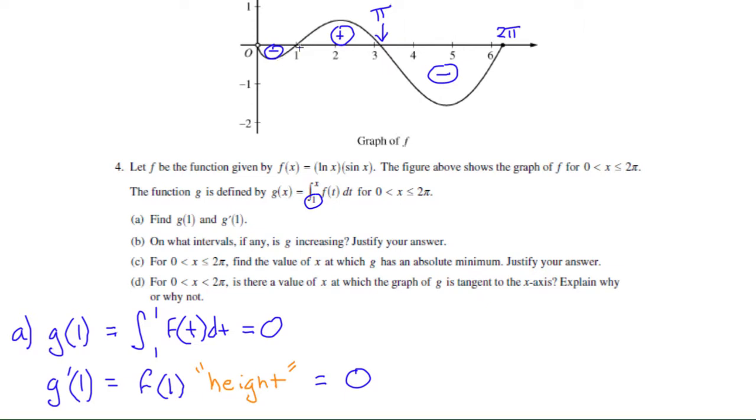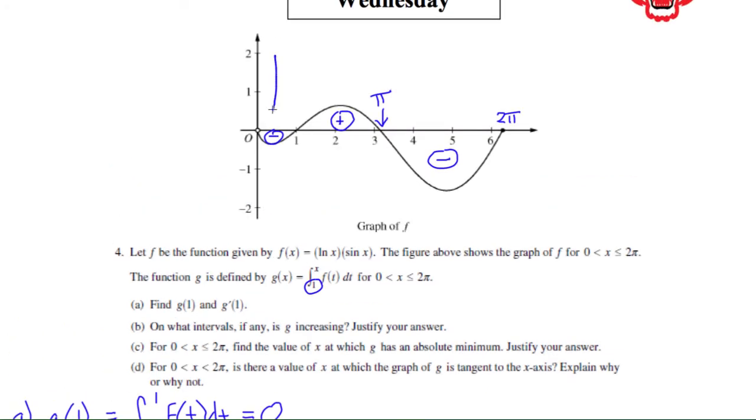My bound would go from 1 to 0, because it always starts at 1, but that's incorrect. I need to switch the bounds, which means I need to do a negative integral from 0 to 1, so if I had a negative area, it is now a positive area. Are we all okay with that?